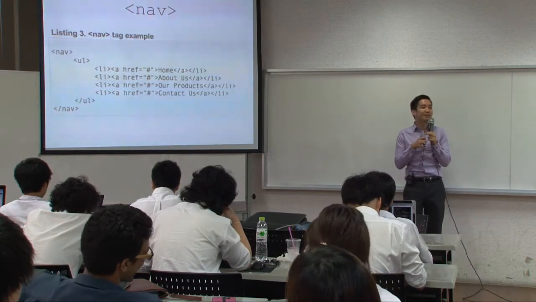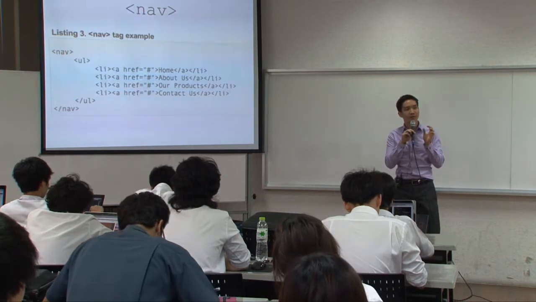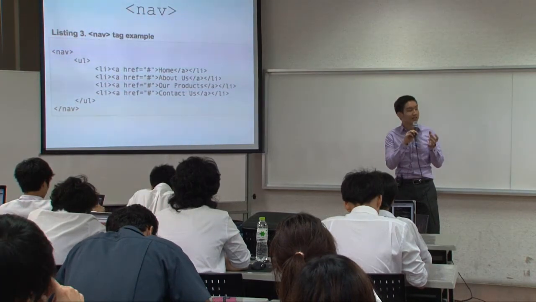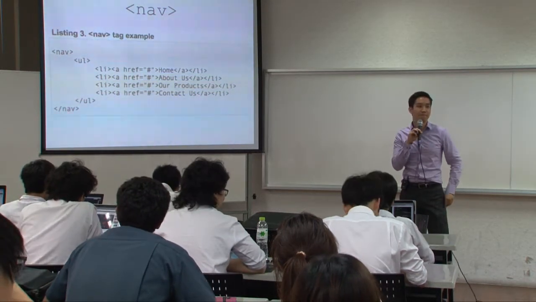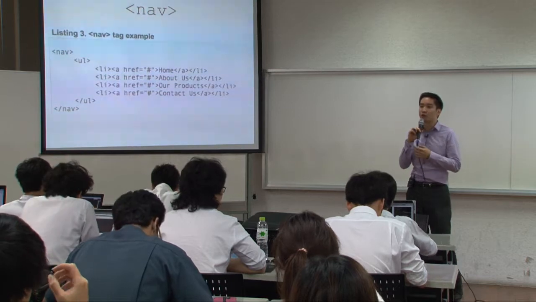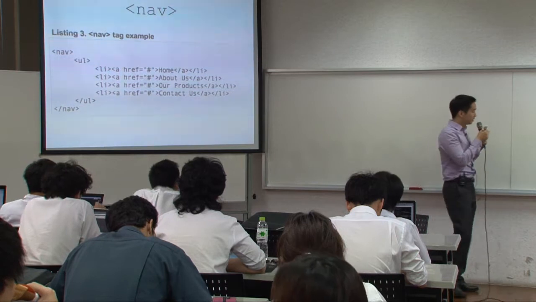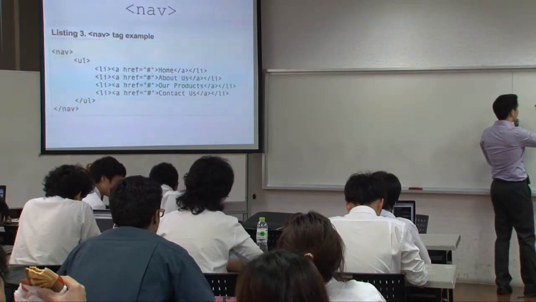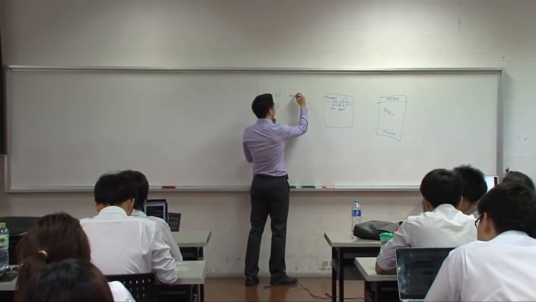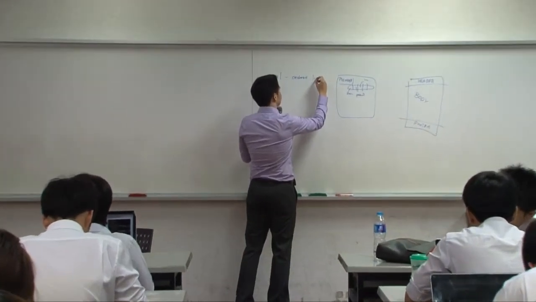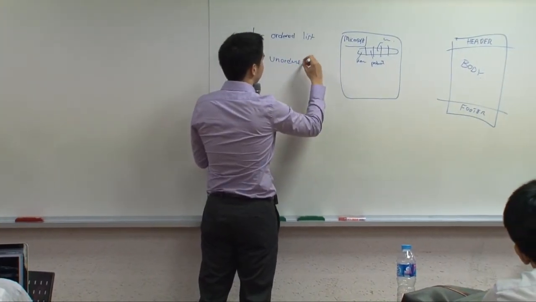Now let's be a bit more precise. L stands for list. What do you think U stands for? Unordered. And what if you wanted to have ordered? OL. So OL is ordered list, and UL is unordered list. They are the opposite of each other.